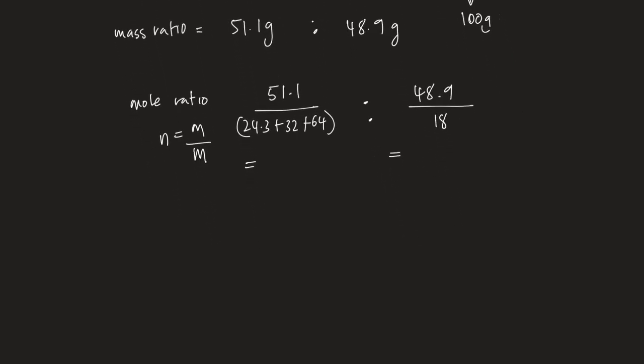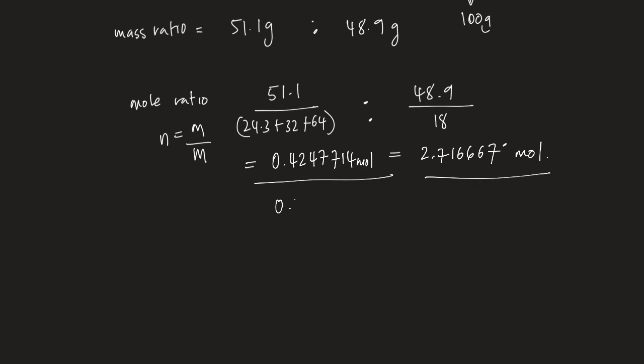So once you put this into your calculator, you're going to get 0.42477714 moles, and on the other side you're going to get 2.71666666 recurring moles there. All right, again, divide both sides by the smallest value, 0.42477714 over 0.42477714.